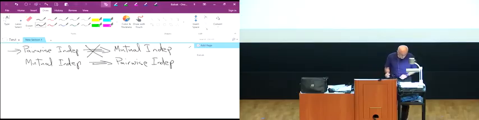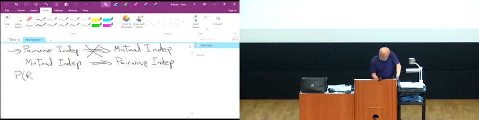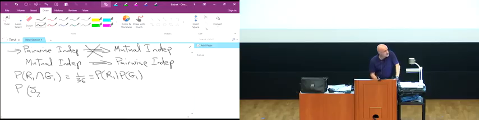Okay? So we've said already that red and green both being 1 is 1 over 36, and this is the probability of red being 1 times green being 1. What can you say about the probability that the sum of the two is 7 and the red came out 1?